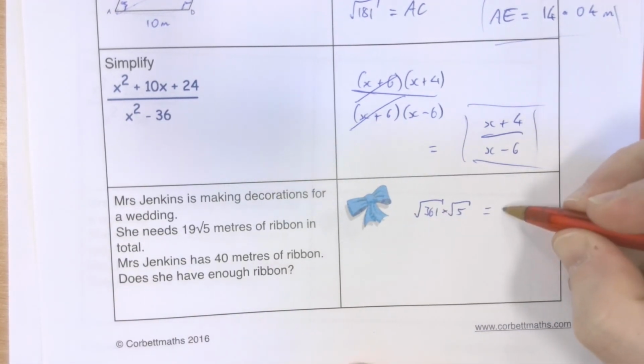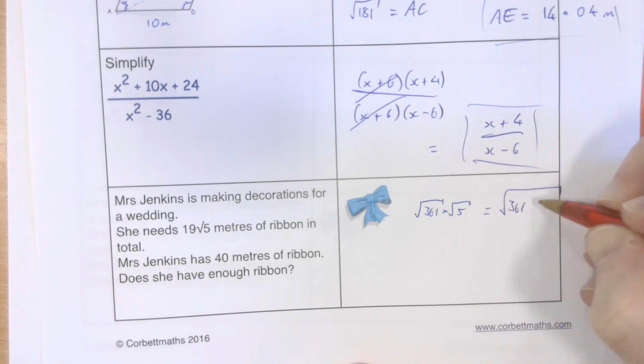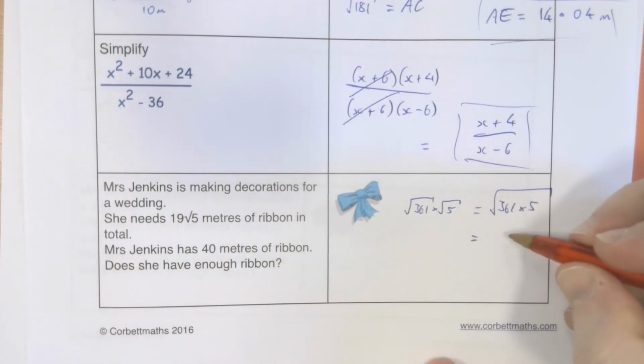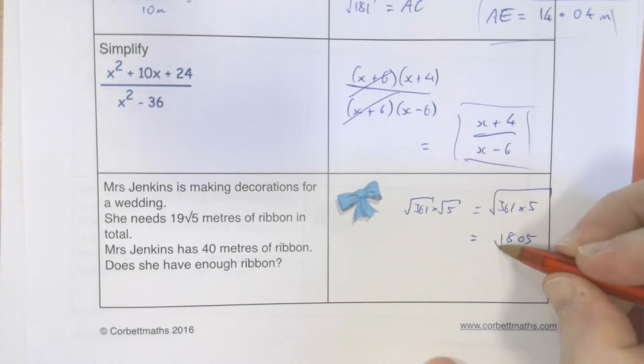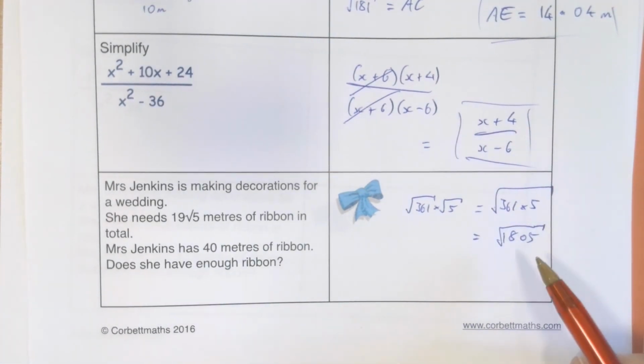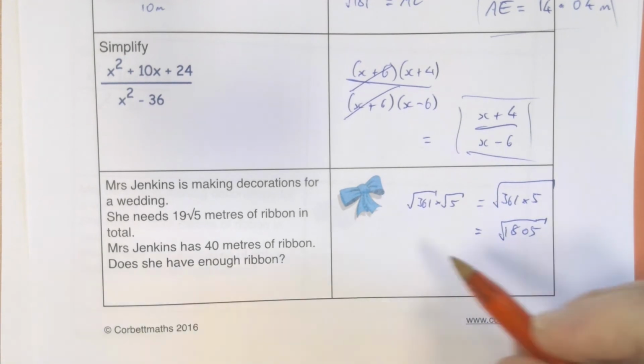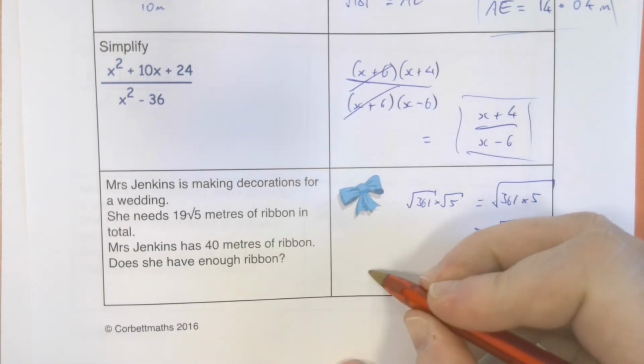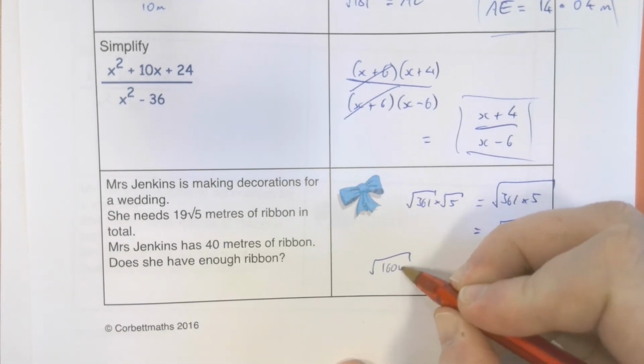I can write that as the square root of 361 times 5, which is the square root of 1,805. Now 40 is the same as the square root of 1,600.